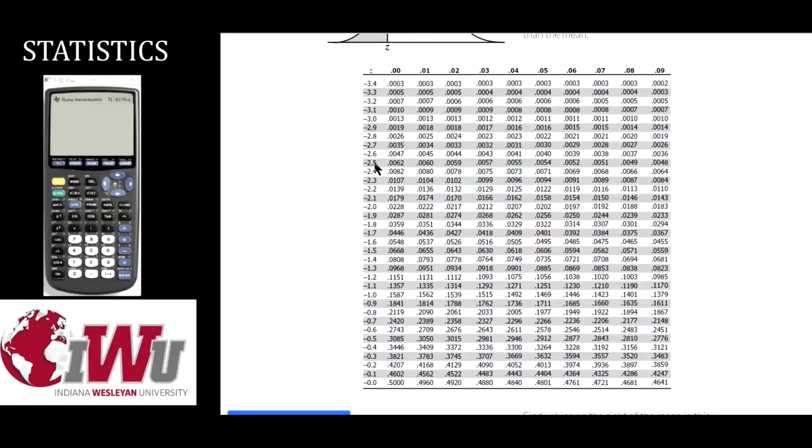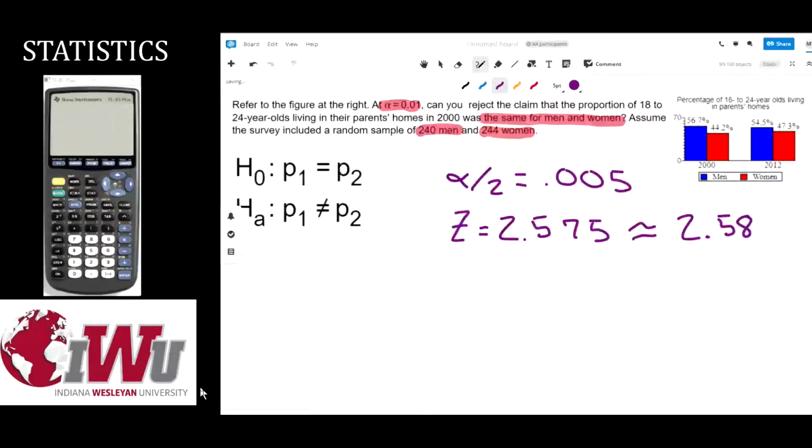And so negative 2.575, so that might be what they're looking for. Or if it says to round up, you might be going with 2.58, but the exact is negative 2.575. All right, so let's keep going. So that z was a 2.575, or about the 2.58.